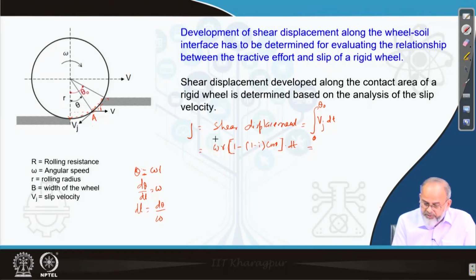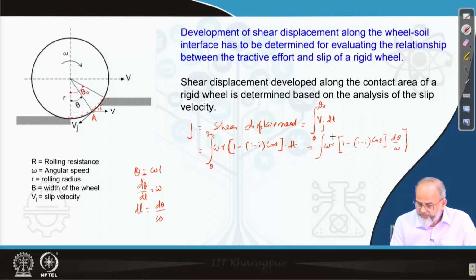So this equation becomes omega r into 1 minus I cos theta into d theta by omega. So this omega will cancel out.